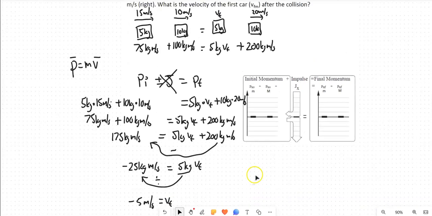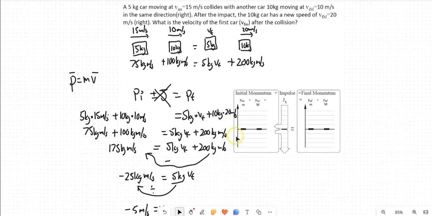So if we look at this, we could do some interesting things with these numbers. What we end up finding out is that this is going to be moving to the left at 5 meters per second after the impact. If we had done this bar chart, we probably could have figured that out, right? So before the impact, let's call each box 25.